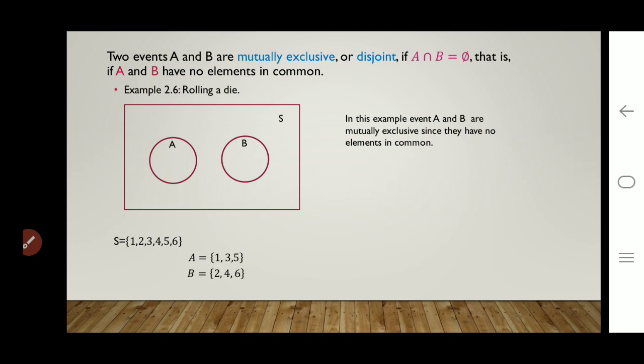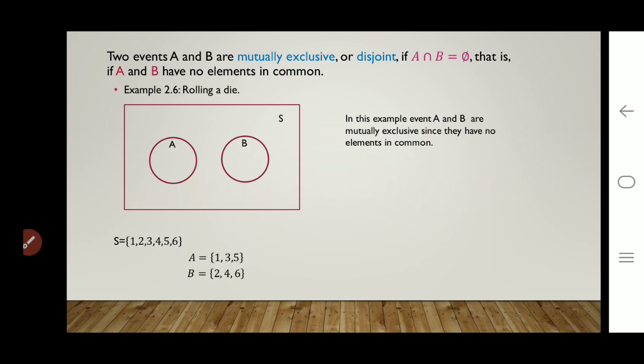And then, two events, A and B, are mutually exclusive or disjoint if A ∩ B is equal to 0 or wala siyang elements in common. Katulad ng events A and B natin dun sa pag-roll ng die, they have no elements in common since wala namang number na odd siya and then even pa, dun sa numbers 1 to 6.